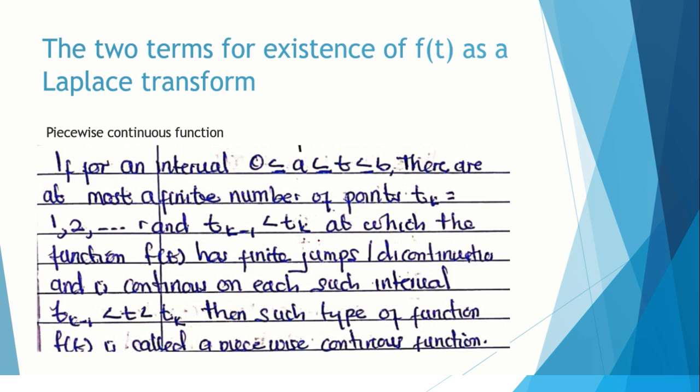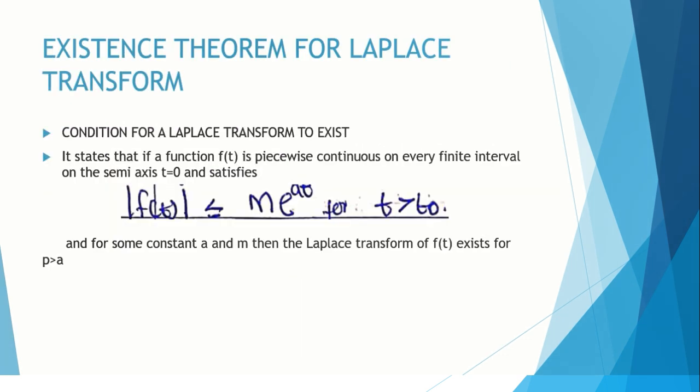When we are defining the conditions, we know that the conditions are two in this. It has to be piecewise continuous, and it has to be of exponential order for it to exist as a Laplace transform.